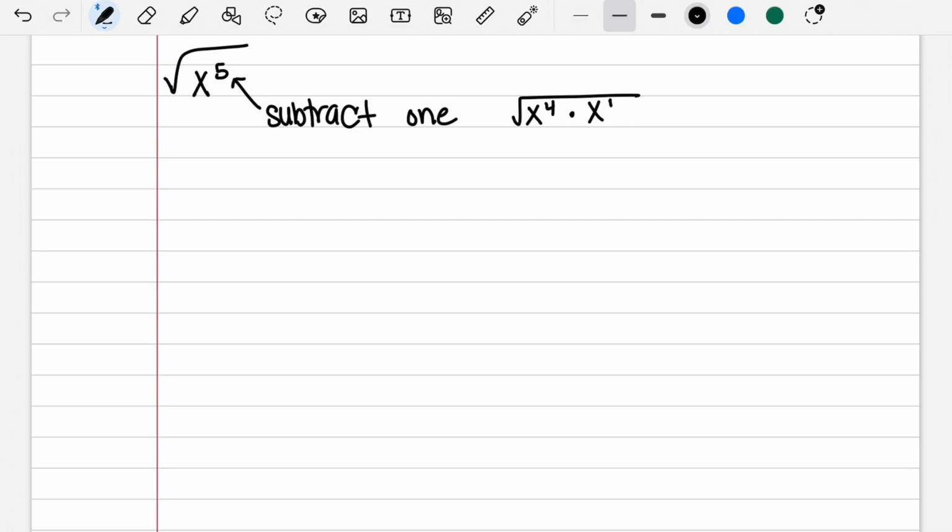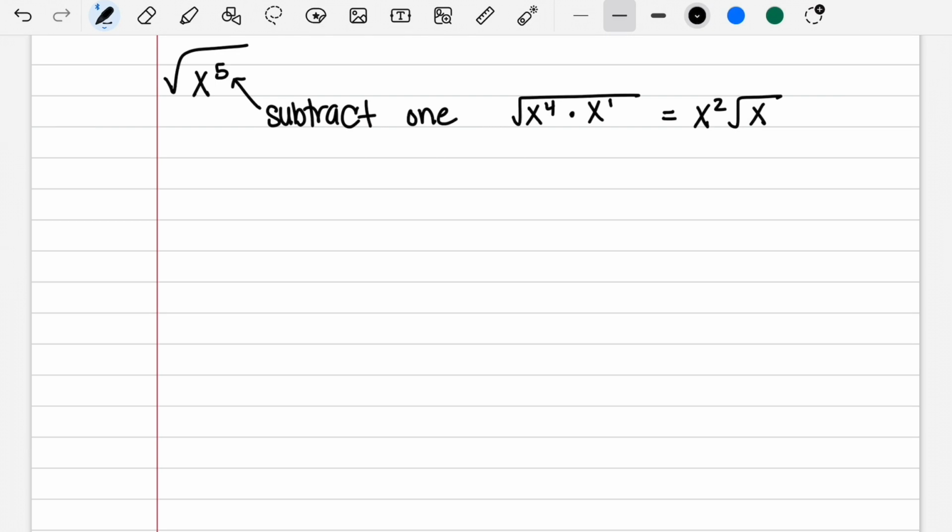Because remember, if we wanted to combine it back, we would just add it. 4 plus 1 is 5. So if we can add them together, we can also take it apart. Just like we took apart regular numbers to find the factors, we can take apart variables and their exponents. And now we have an even number. 4 divided by 2 is just going to give me x squared. But I still have an x on the inside, so I get left with that.